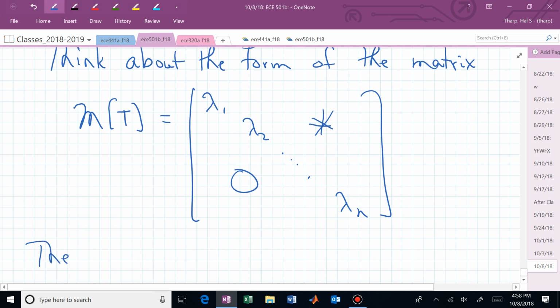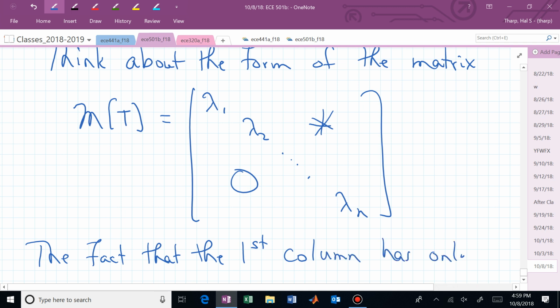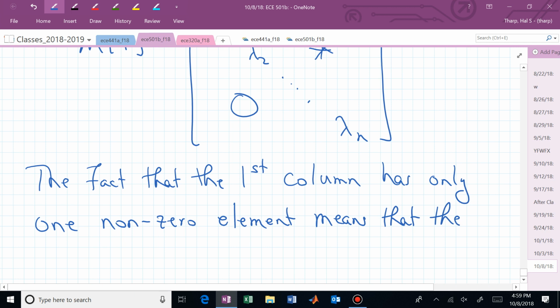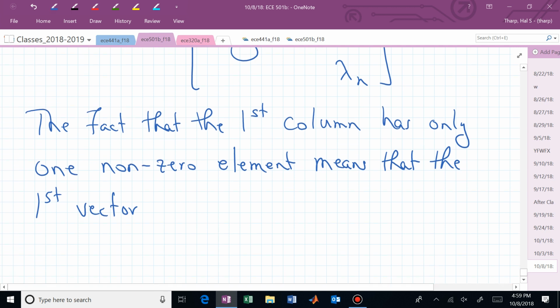The fact that the first column has only one non-zero element means that the first vector of our set of basis vectors is what?